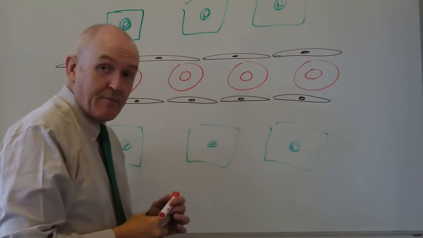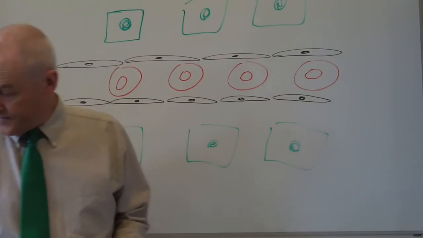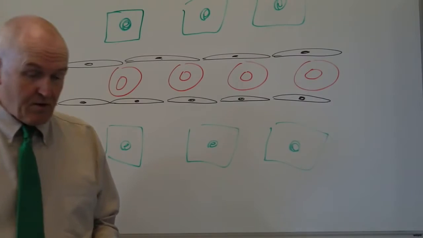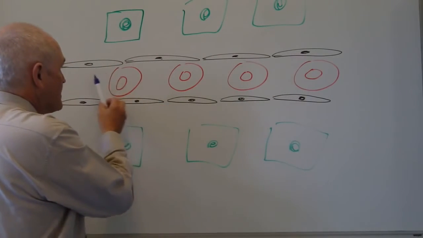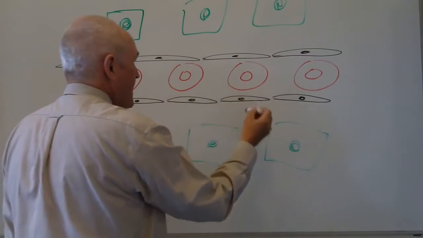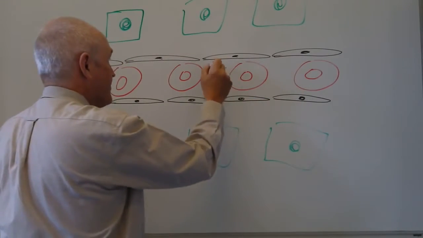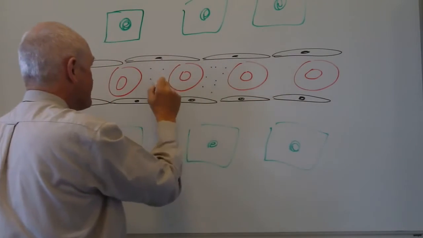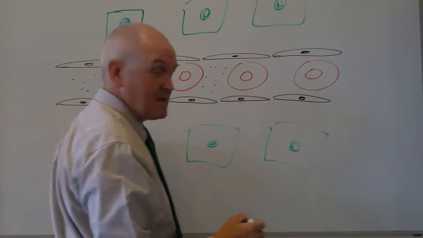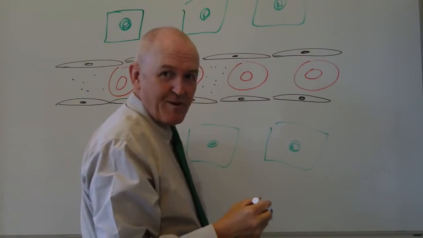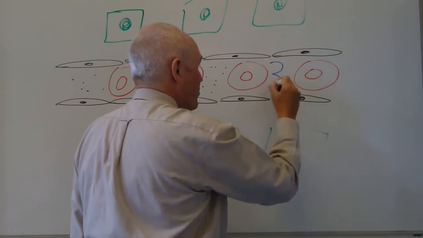Now, if we start thinking about the blood, we've already noted it's got red cells in it, but it's also got plasma. And the plasma consists of water molecules, of course. In fact, in this young man that we're talking about, there's going to be about 3 litres of water in the plasma.